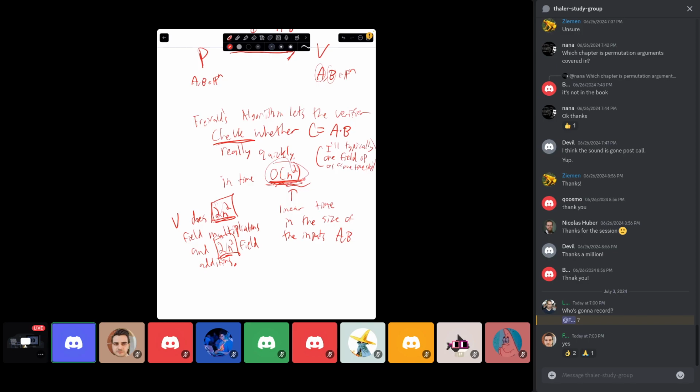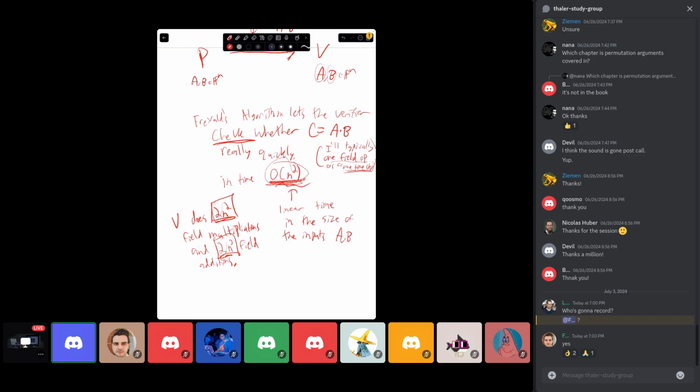Now, when you get very, very precise, it might not actually be reasonable to consider one field operation to be one time step, right? If you're working over a field of size 2 to the 256, field operations in that field are certainly much slower than a field operation in a 64 or 32-bit field, which has size only 2 to the 64 or 2 to the 32.